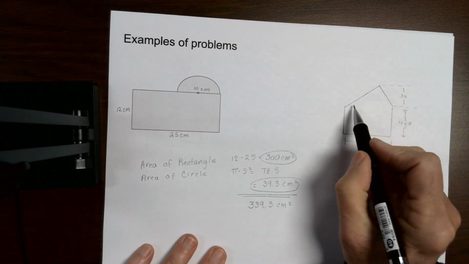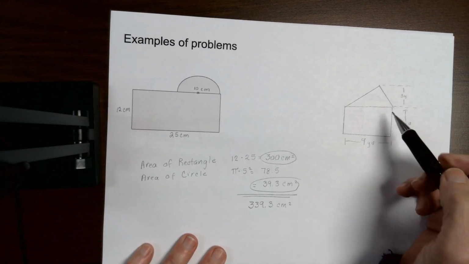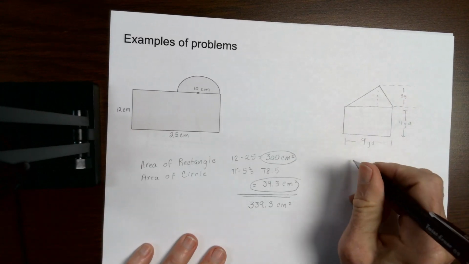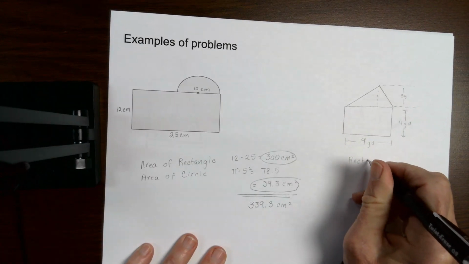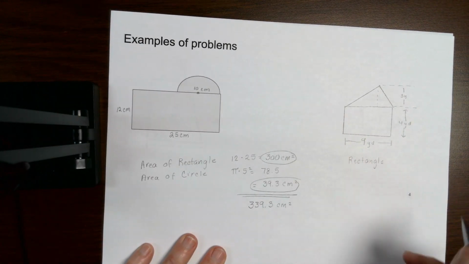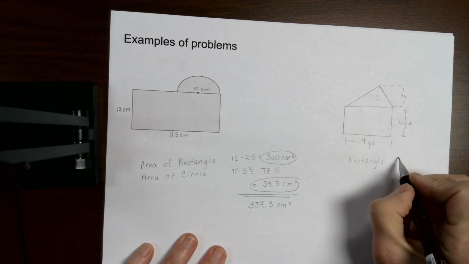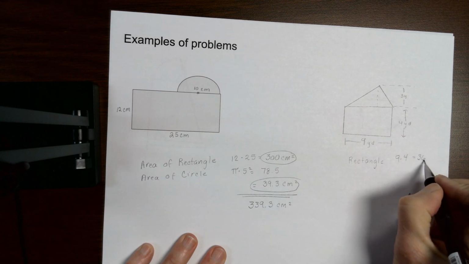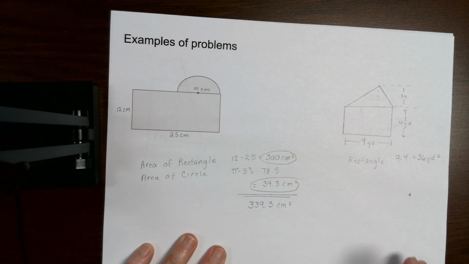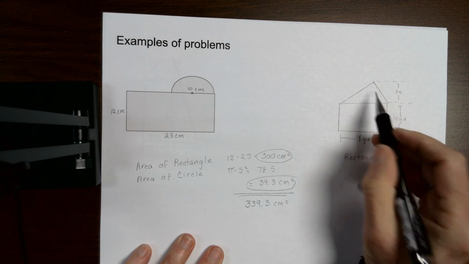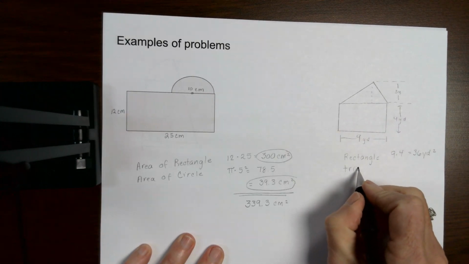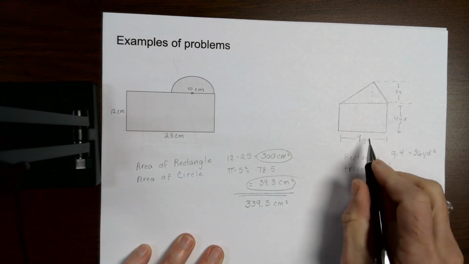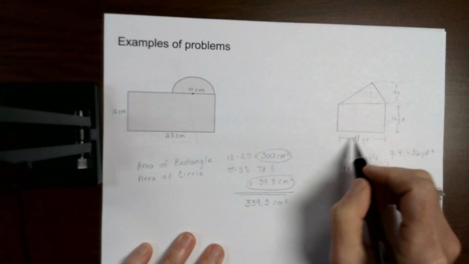This one over here, I would divide up into a rectangle and a triangle. For the rectangle, you would have base times height, so 4 times 9, and that's going to give me 36 yards squared. And then on the triangle, I'm going to use 1/2 the base, which is the same as it is here.